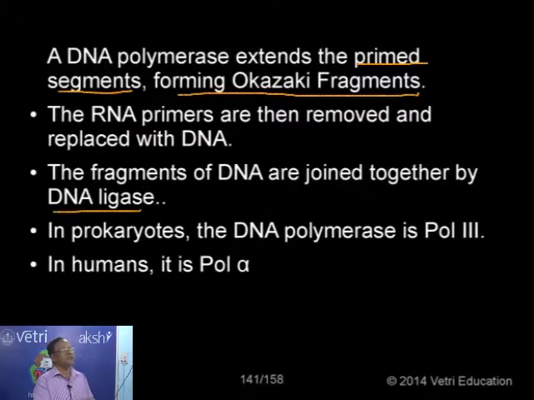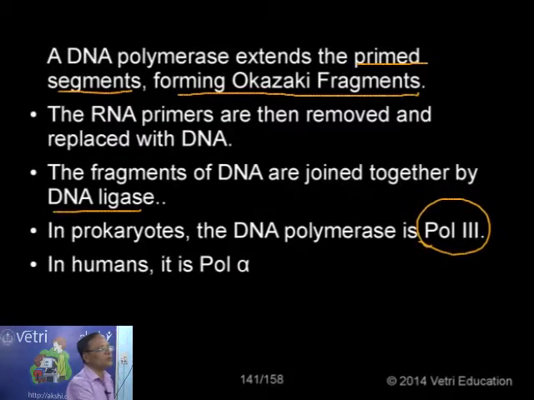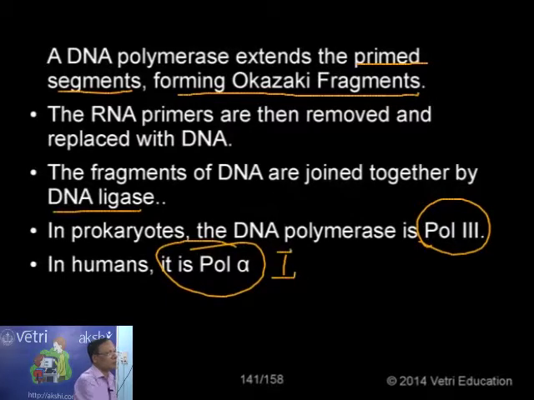Now, the lagging strand synthesis is normally performed by polymerase 3 in the case of prokaryotes. In humans, it is polymerase alpha, which is nothing but polymerase 1. So the lagging strand synthesis is with the help of polymerase 3 in prokaryotes, whereas in humans as well as other eukaryotes, it is done with the help of polymerase alpha or polymerase 1.